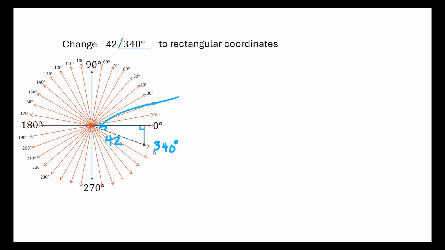All the way around total would be 360. So this little angle here is 20 degrees. It is 360 minus 340. So that angle is 20 degrees. And we're going to use that to find our x coordinate and our y coordinate.